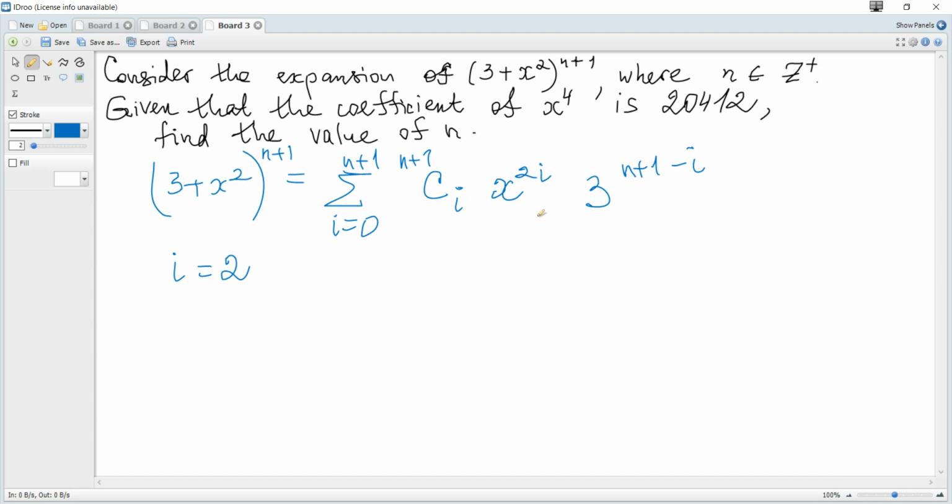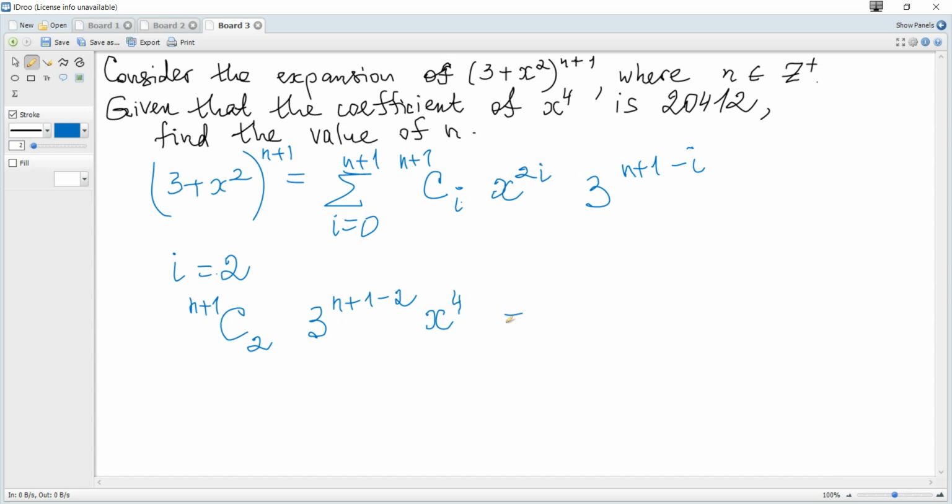So this term becomes combinations 2 out of n + 1, because i is 2, n is unknown, we just write n + 1, and it becomes 3 to the power of n + 1 minus 2, and x to the power of 4.